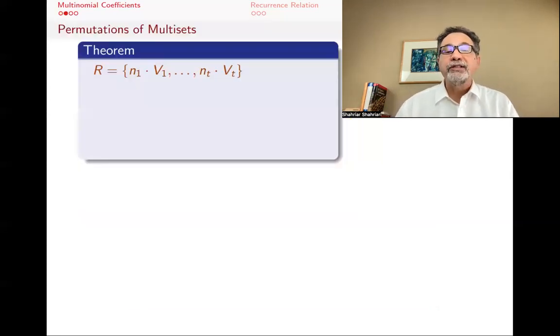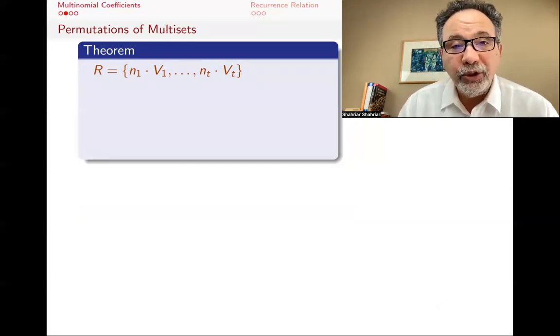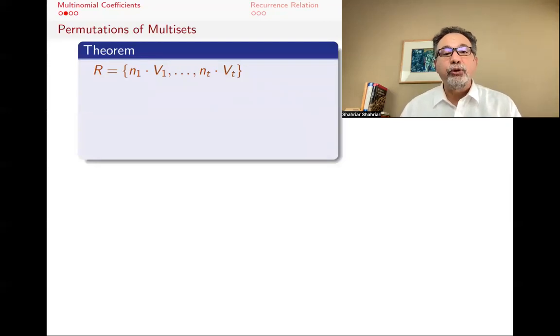First of all, where does it come up? This was the subject of a previous video, but I will quickly go over it. We come up with multinomial coefficients when we are doing permutations of multisets. A multiset is a set, except each element has a repetition number, a multiplicity. It can appear more than once.